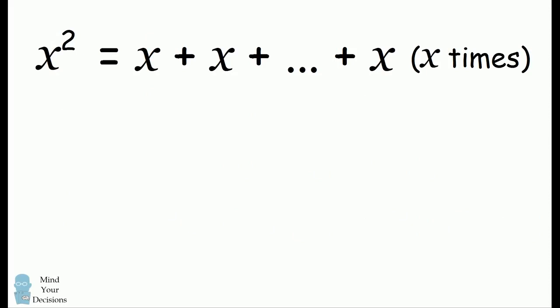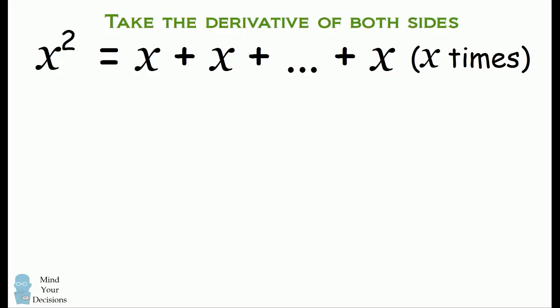We'll start out with x squared is equal to x added to itself for a total of x times. Now we're going to use some calculus. We're going to take the derivative of each side. The derivative of x squared is equal to 2x. On the right-hand side, the derivative of x is equal to 1.